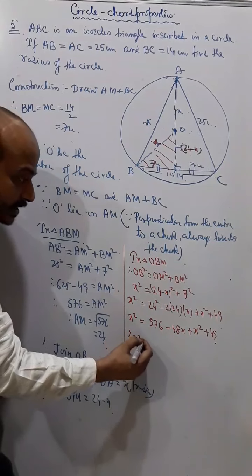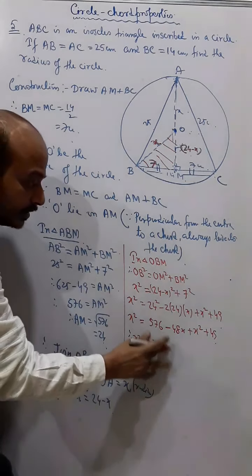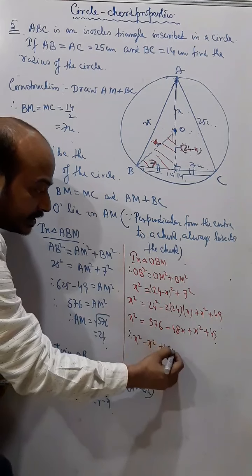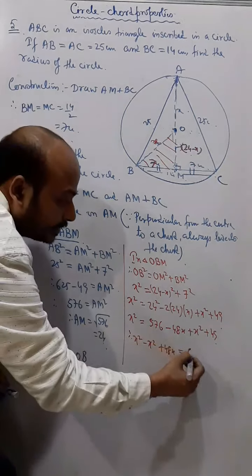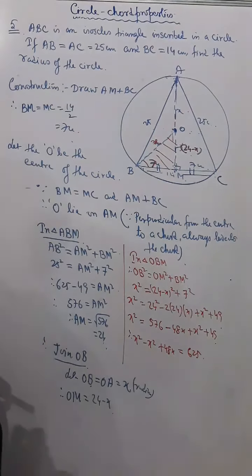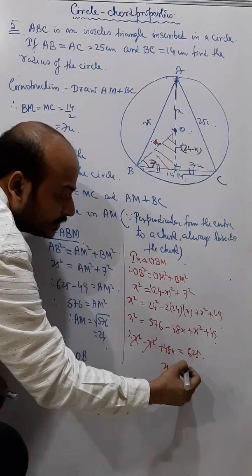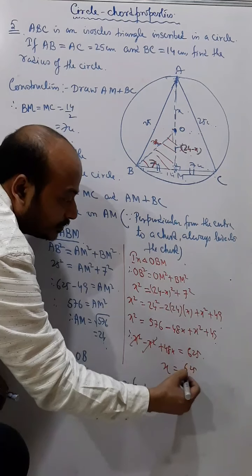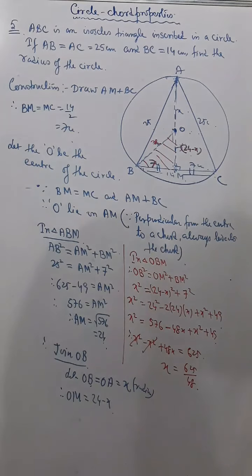Here x square minus x square cancels, and we get plus 48x is equal to 625, so x is equal to 625 by 48, and then we can do the calculations.